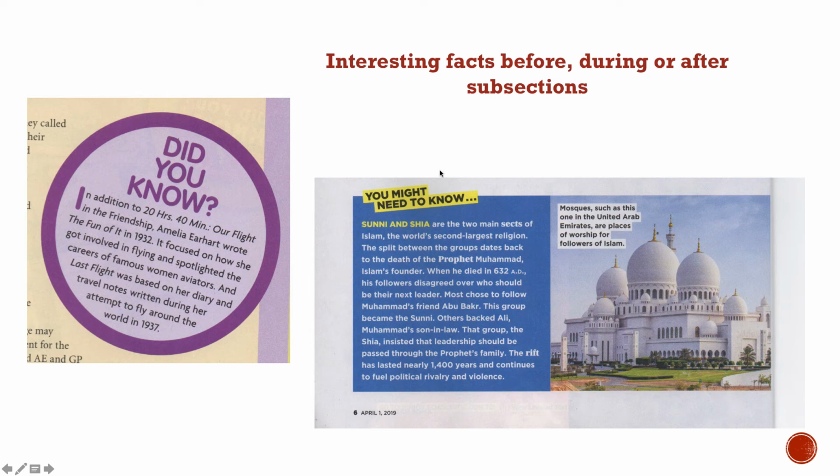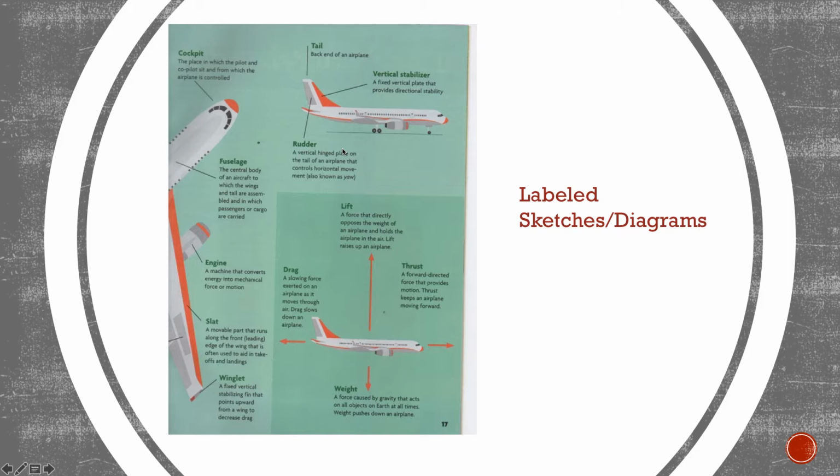That's very interesting to know before you read the article, which was about the conflict between these two groups. This fact, did you know, popped up in the middle of a section. So, interesting facts: you can include those off to a side in a text feature, either before, during, or after each of your subsections. That might be something you want to do to deepen the thinking of your reader.